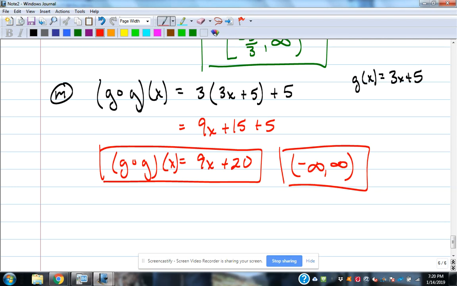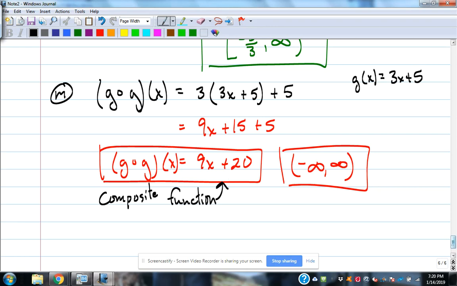So now the G composed with G, that's the composite function. Composite function is what that's called.